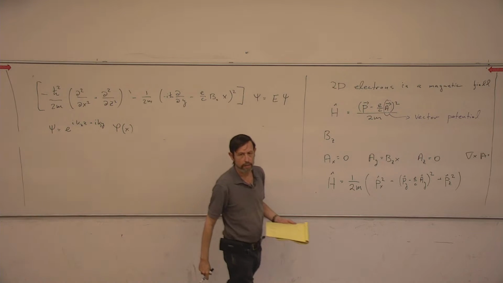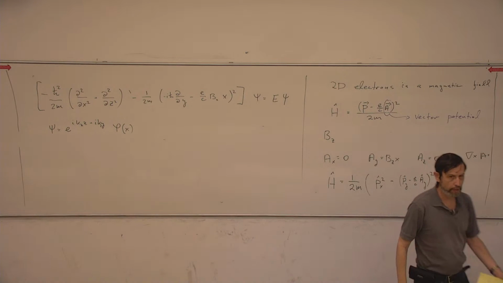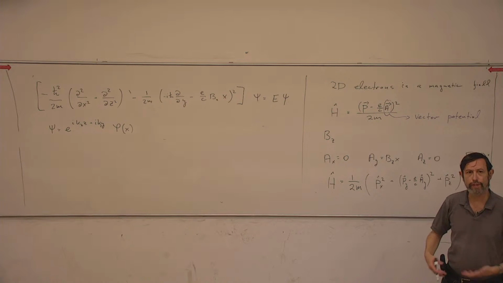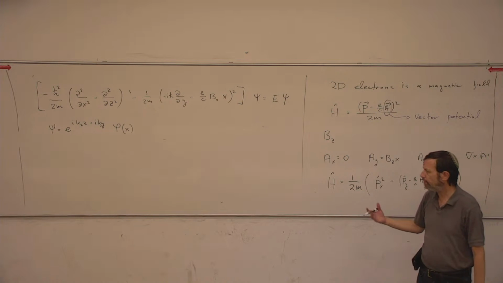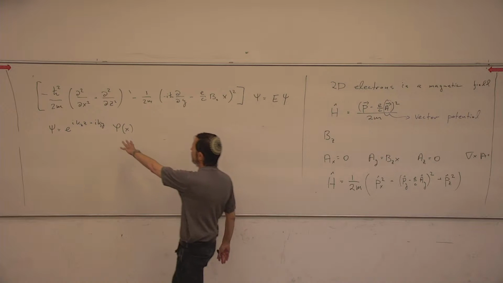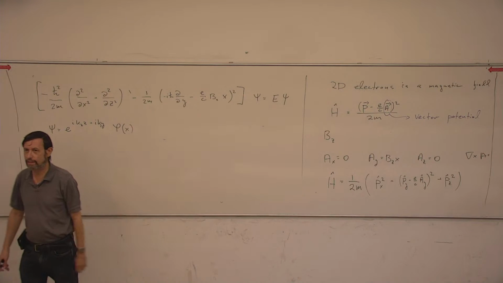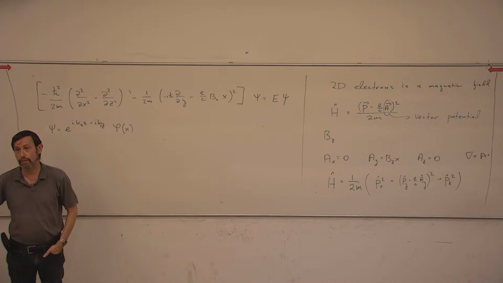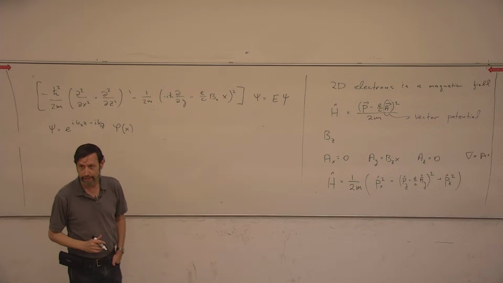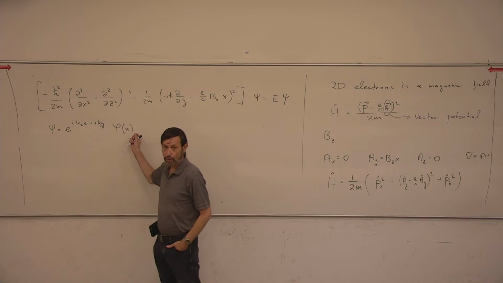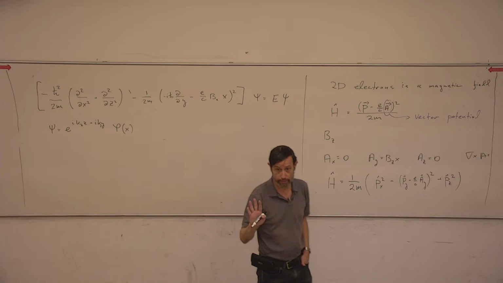We know that if we have only derivatives of x, only derivatives of z, and only derivatives of y, usually the solution is of the form e to the power ikx, iky, or ikz. And we don't know what happens with phi of x.